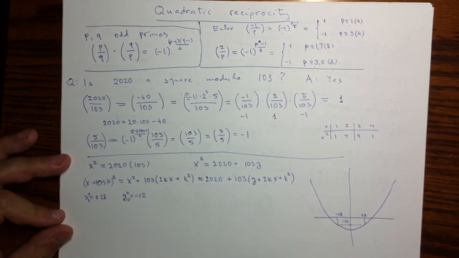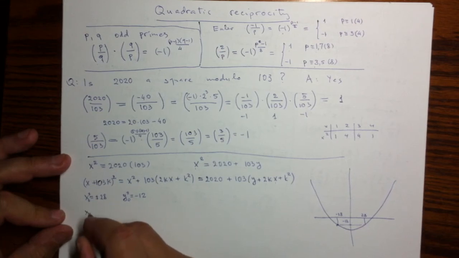So then I could start shifting, in steps of 103, my x coordinate to the left and to the right. So if I just start with this point and shift by one step to the right, one step of 103 will give me x1 minus.